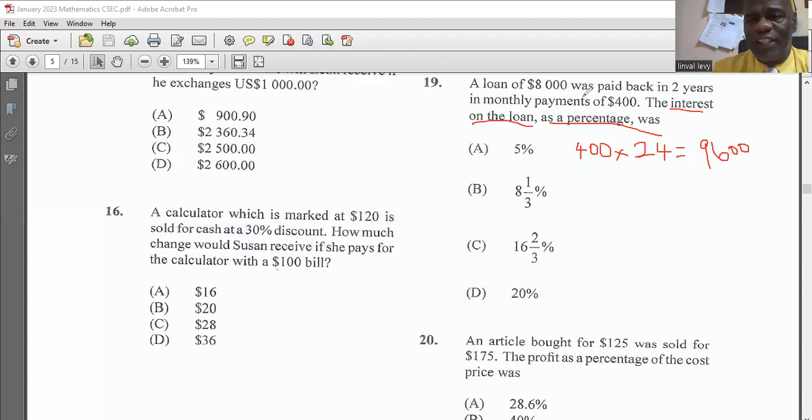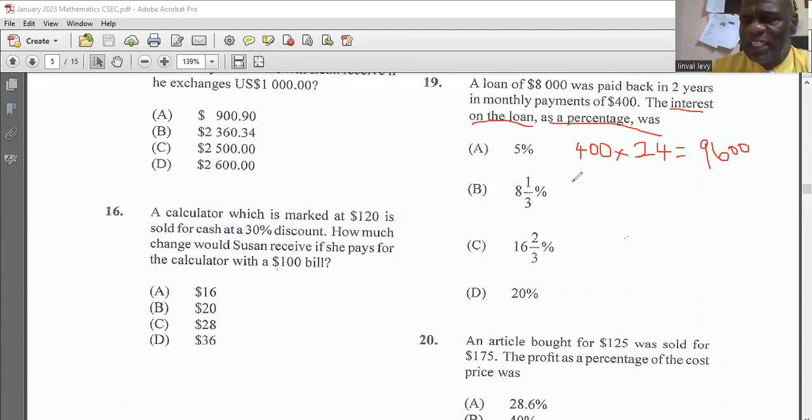All right, now this 9,600 includes the interest. So the principal, or what the loan amount was, is $8,000. All right, but the person is going to pay 9,600.